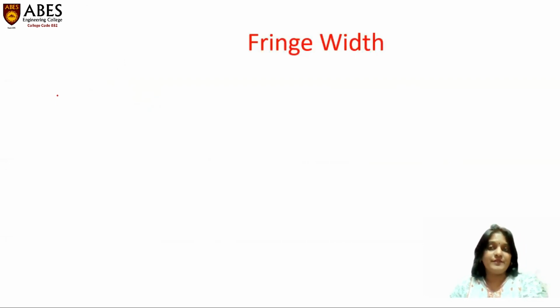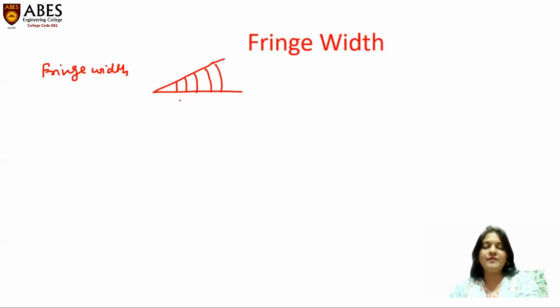So what is the fringe width? Now I will define the fringe width. These are the fringes which we are observing due to the interference between the two coherent waves, and the two coherent waves are obtained due to the division of amplitude from the upper surface and lower surface.